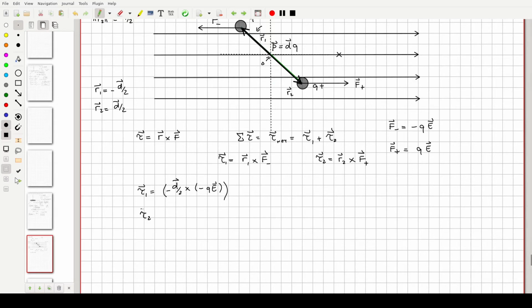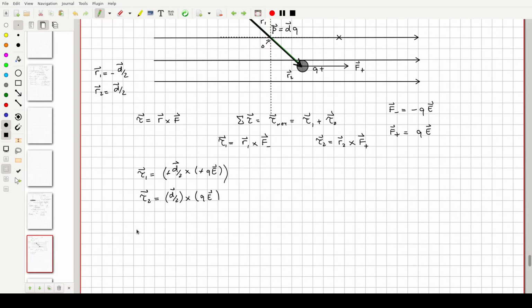Torque 2 is equal to R2 cross F positive, D over 2 cross Q times E. Now look, this is a negative, so they cancel, and these are the same.